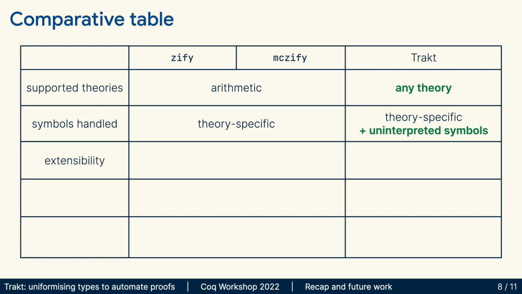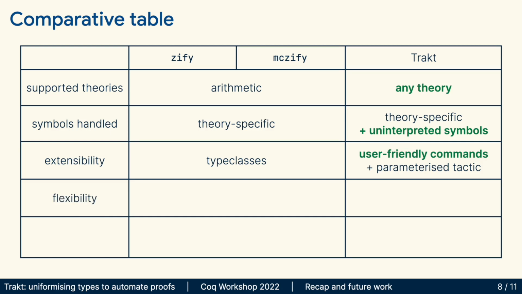Zedify and MCZedify are extensible thanks to type classes, and for Trakt, it's user-friendly commands, which are a bit better because the user doesn't have to declare something by hand and dive into the internals of the tool. And the tactic is also parameterized to add some data at runtime, I would say.